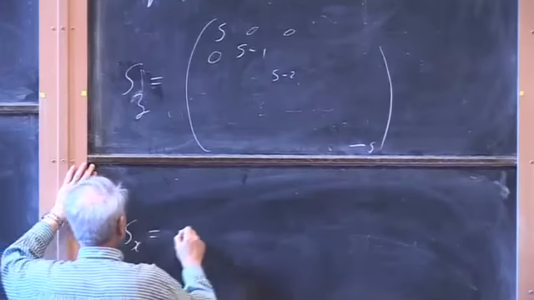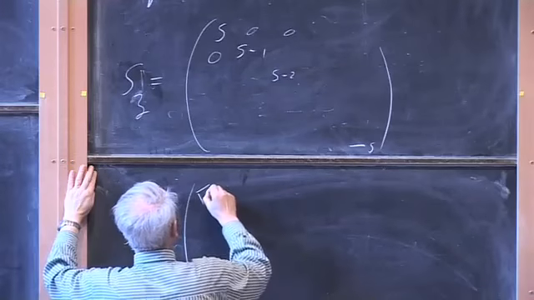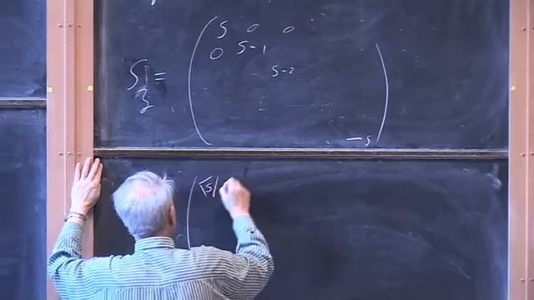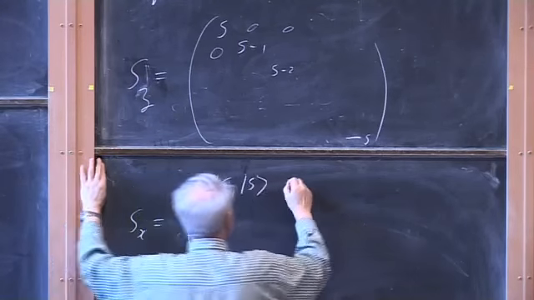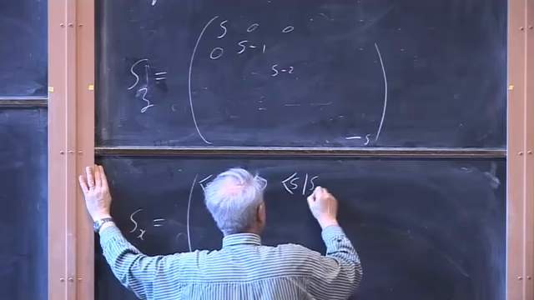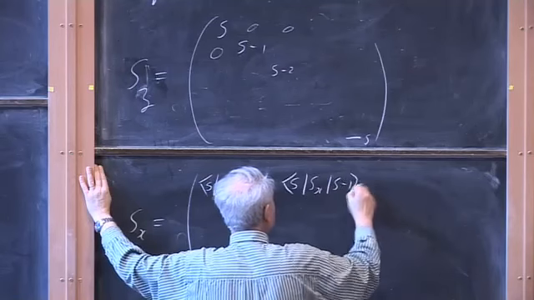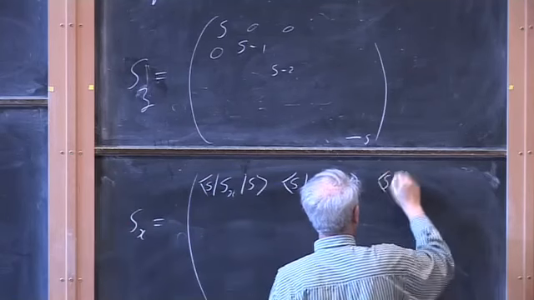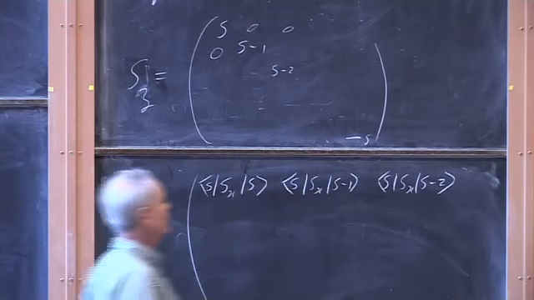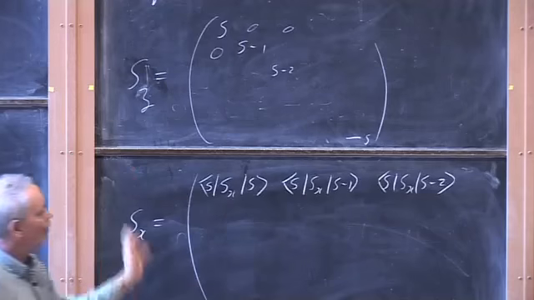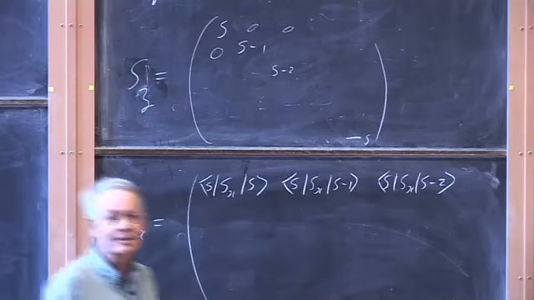Sx is going to be, here we will have the state S, S, Sx, S. Then here we will have S, Sx, S minus 1, and so on. S, Sx, S minus 2. If you want to apply this in classical physics, this matrix will be on the order of 10 to the 30-something by 10 to the 30-something.